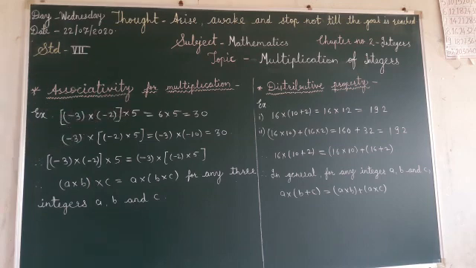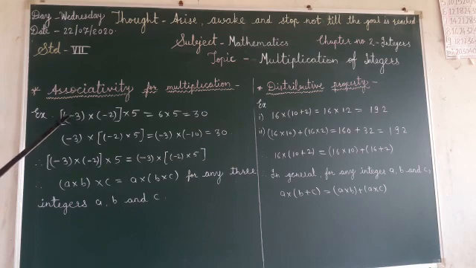When we do the associative property, we make groups of the numbers. In the first case, we make a group of the first and second number. In the second case, we make a group of the second and third number.